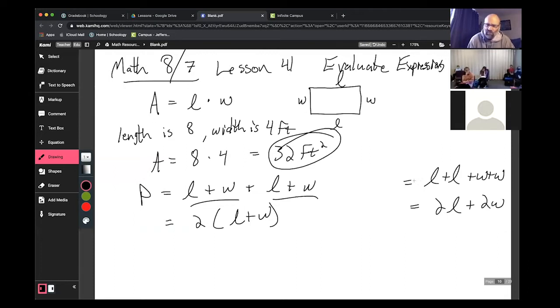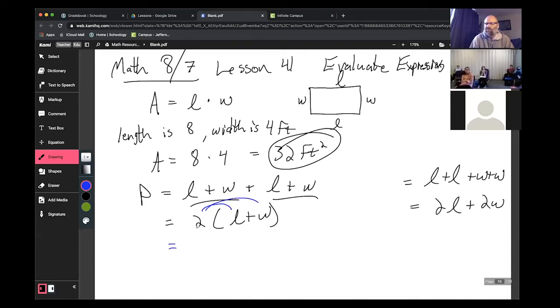This is a new property that I'm going to show you. This is called the distributive property. When you think of the word distribute, it could be like if I had a bunch of M&Ms and I distributed M&Ms. Remember we talked about average? Distributing means giving everyone the same amount, or a portion of the M&Ms. So that's what you're doing here. You're going to distribute this 2 to both of these guys inside the parentheses.